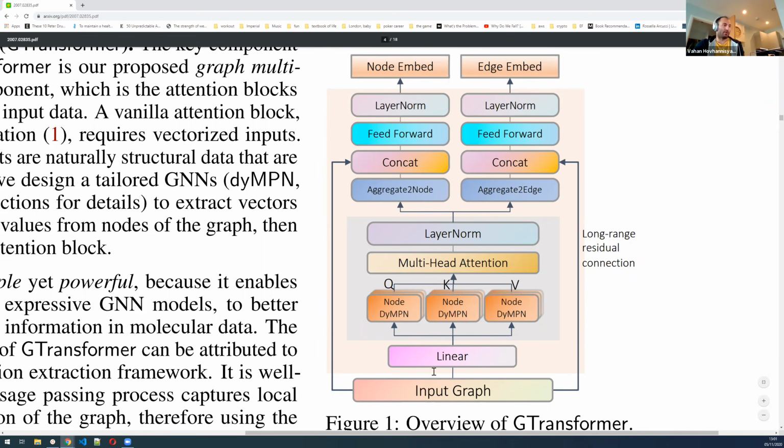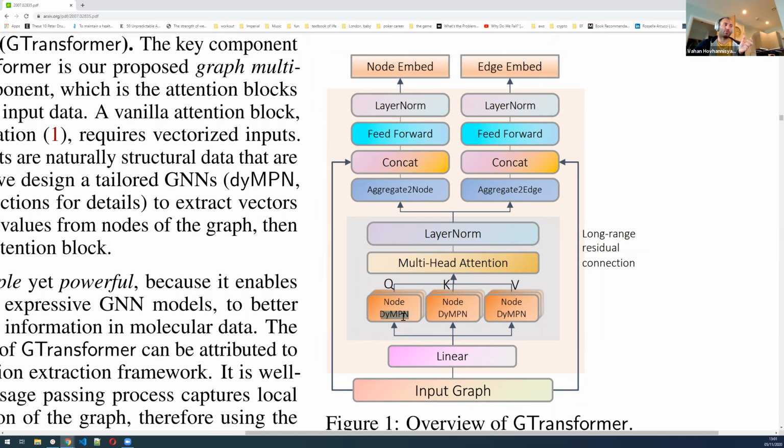Here there will be a linear layer, and then the multi-head attention that we talked about before. The idea of this dynamic MPN is that instead of doing a fixed k hops, we randomize that number k to improve generalization. It's basically a regularization technique.